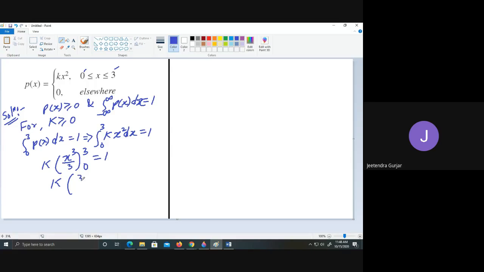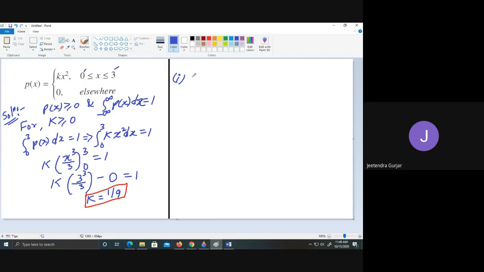So this is k times 3 cube divided by 3, minus the lower limit 0, equal to 1. If you simplify, the k value I get is 1 divided by 9. You can try this later. I have got the value, k is equal to 1 divided by 9.